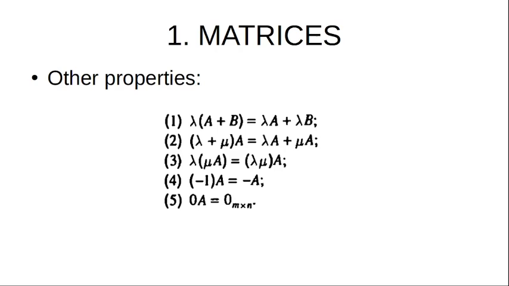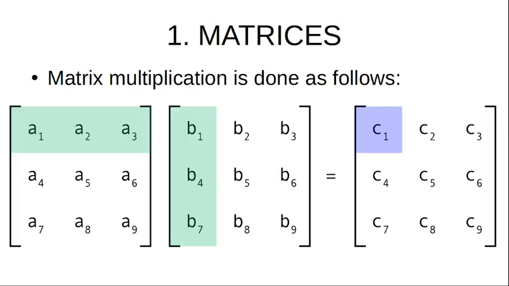The other one is associativity. The other one is multiplication by a negative, and the last one is that if we multiply a matrix by 0, I could say a matrix 0 or just a field 0, you will get the 0 matrix. We'll talk about fields later on.